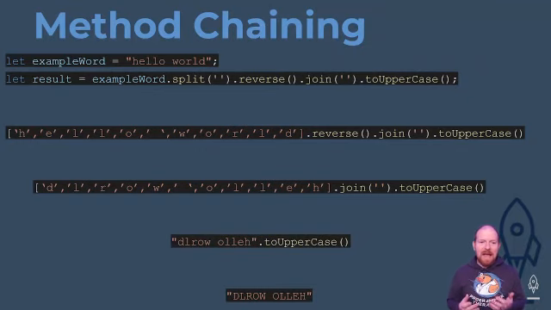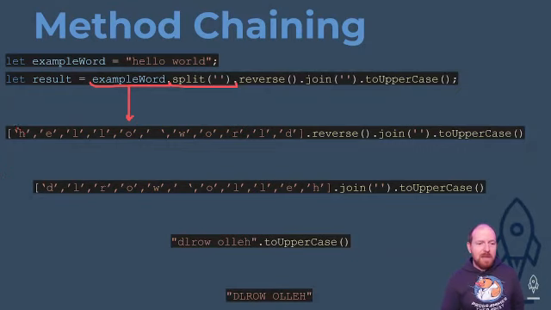So what is actually happening? Well, the first thing it's doing is saying, what is this example word you're talking about? And it went into the memory and said, oh, that's hello world. Now that I know that, I'm going to split it. And when I don't put any space in between, that means it's splitting it on every character. So it split, made an array.